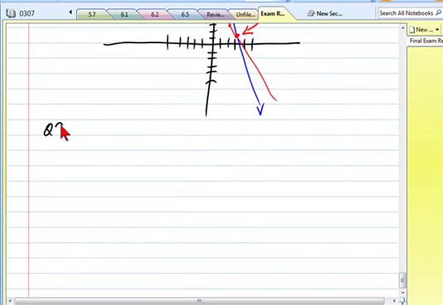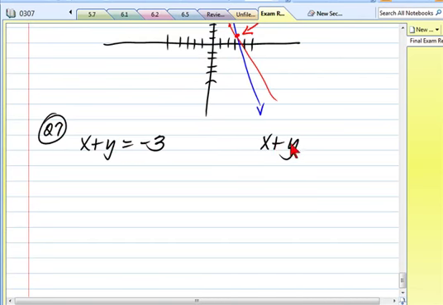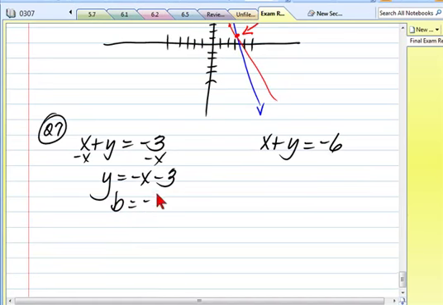27. The system is x plus y equals -3 and x plus y equals -6. I'm going to use slope-intercept again. Subtract x, y is equal to -x minus 3. Where do I begin? -3.